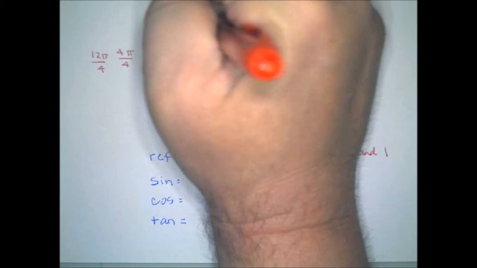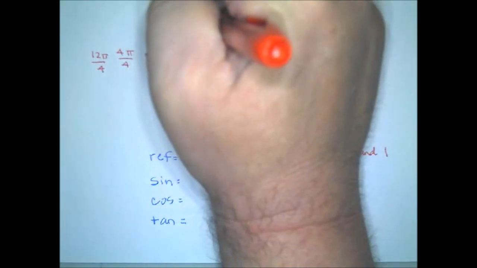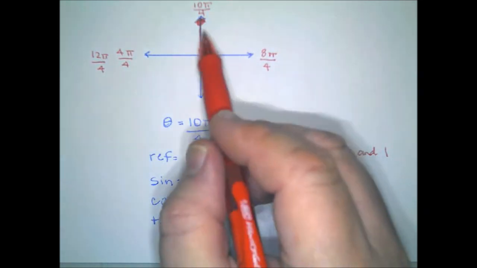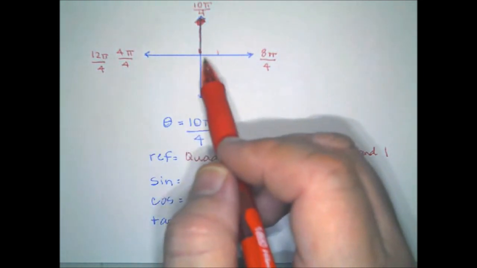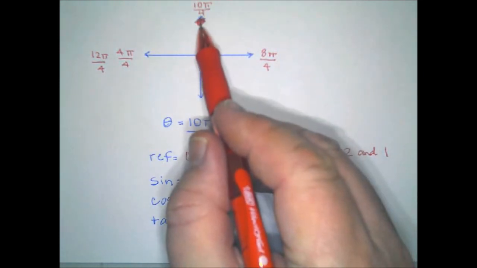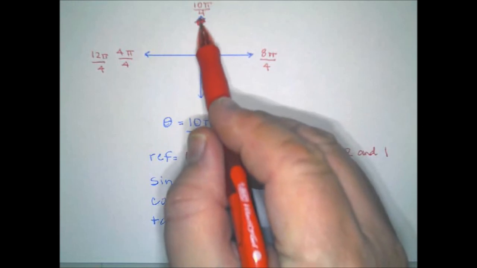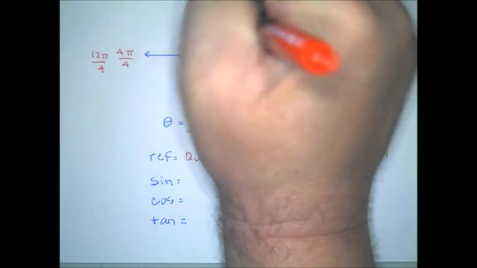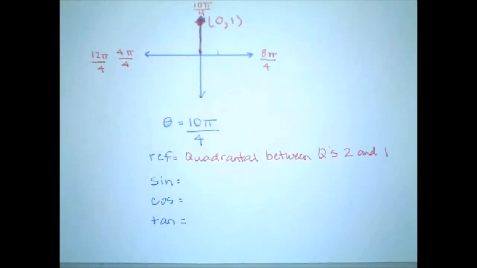Now, what's going to help us with sine, cosine, and tangent now is not making a triangle or opposite over hypotenuse or anything like that. It's going to be the ordered pair of that position right there. And the ordered pair of that position is the x-coordinate is 0, the y-coordinate is 1.